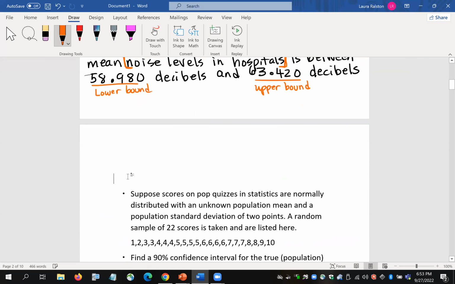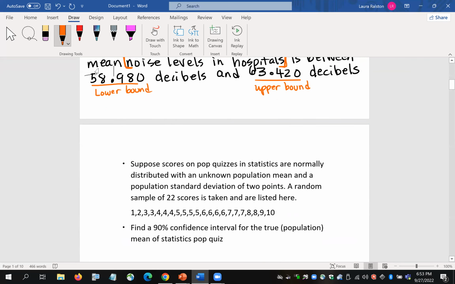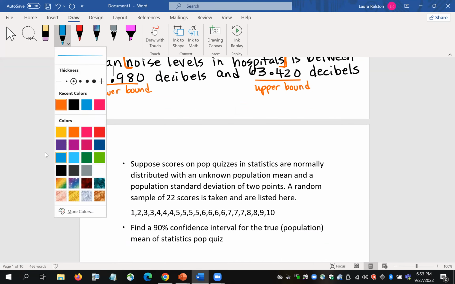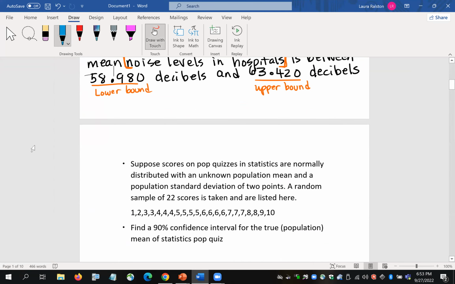Okay, again, the next one, I also know because I wanted to do an example where you had the raw data that this is a Z interval. But if we read the problem, it says, suppose scores on pop quizzes in statistics are normally distributed with an unknown population mean and a population standard deviation of 2 points.